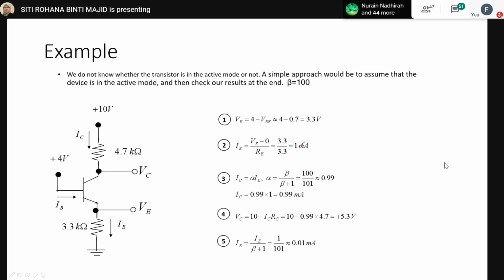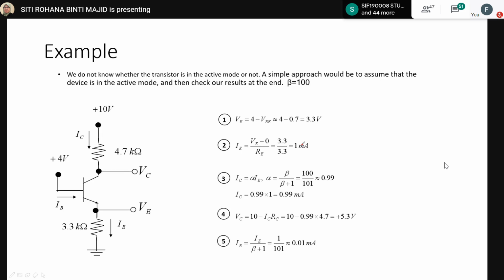Then we can also calculate IC, which is beta IB. Because we don't have IB here, we look at the alternative, which is IC equals alpha IE, and alpha equals beta over beta plus 1.